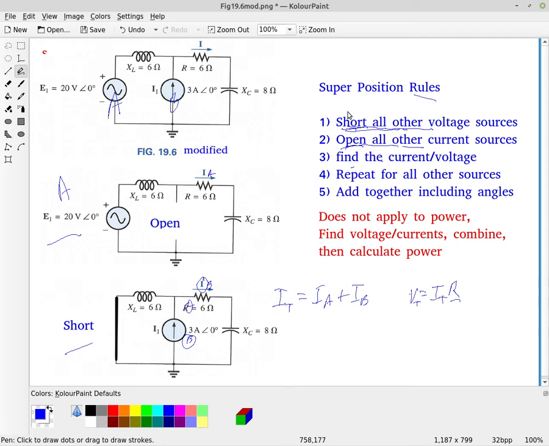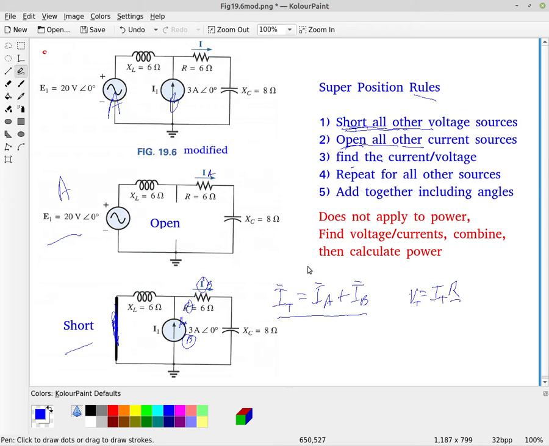So if you have a second source, you're going to do the next source. So this is the source you're working on. You're going to short all voltage sources and open any other current sources. And then when you find all of those, you're going to simply add them. But now remember, this is AC circuits, so these are actually phasors here.